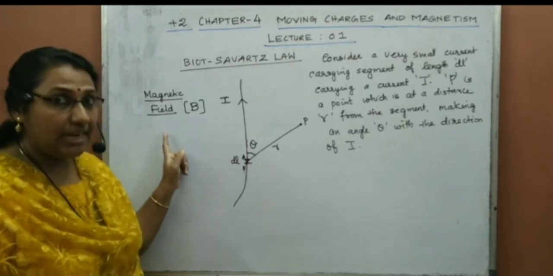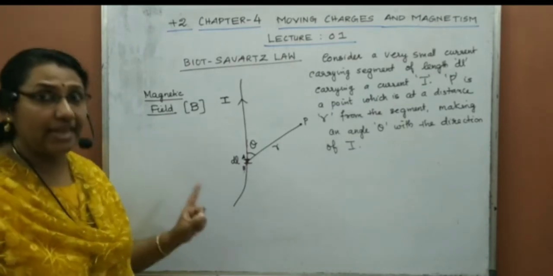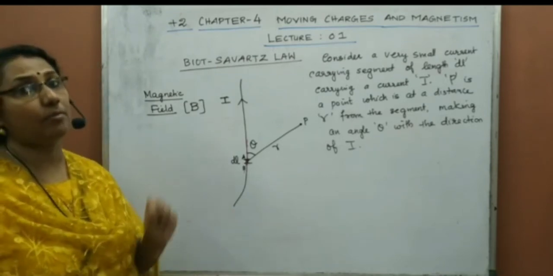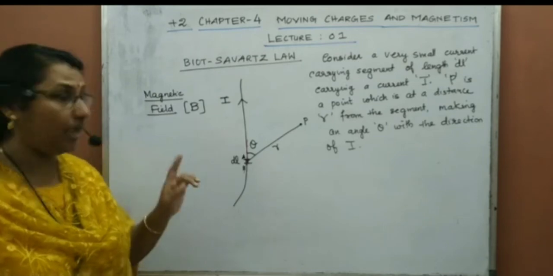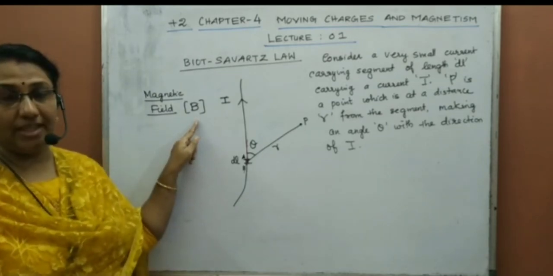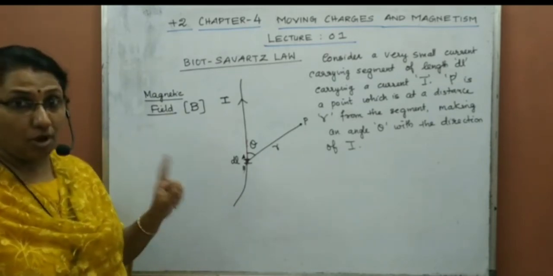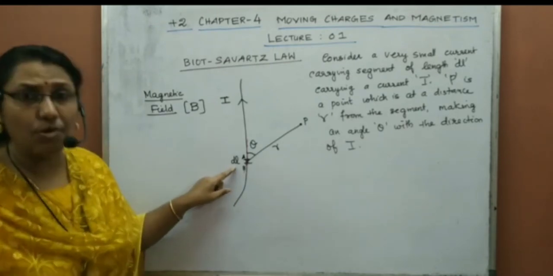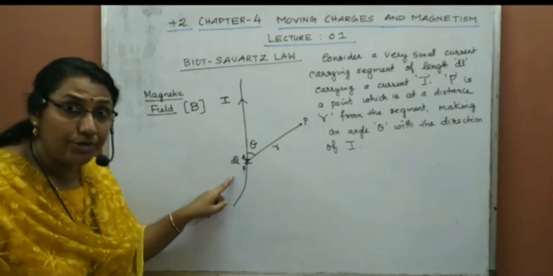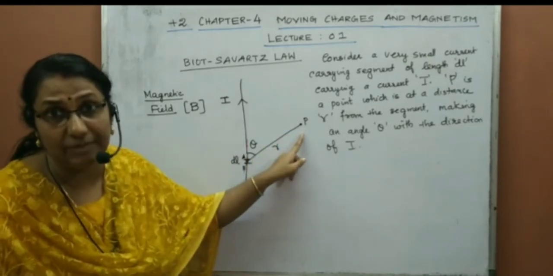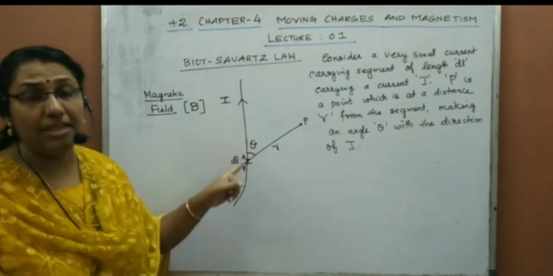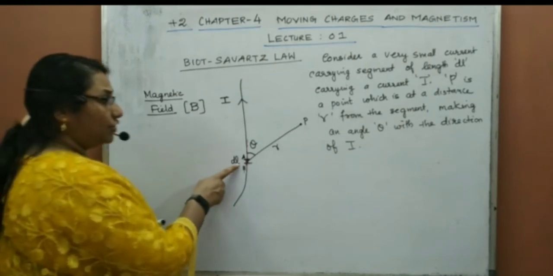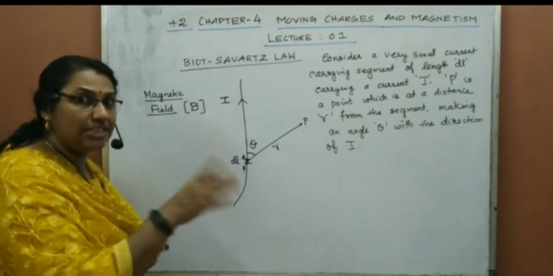Magnetic field is the region around a magnet or a current carrying conductor where a magnetic substance experiences some magnetic force or magnetic property, represented by the letter B. Now, Biot and Savart were talking about the current carrying conductor segment, that is a very small segment AB. It produces a magnetic field at the point P, which is at a distance r, making an angle theta to the direction of current. So the magnetic field produced by this small segment is also very small.